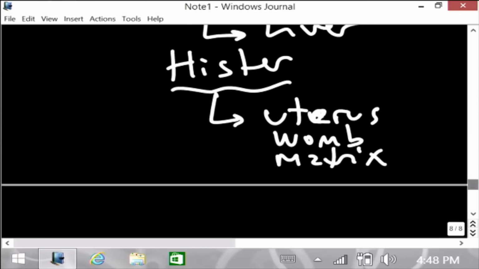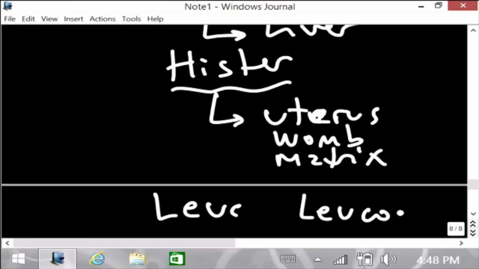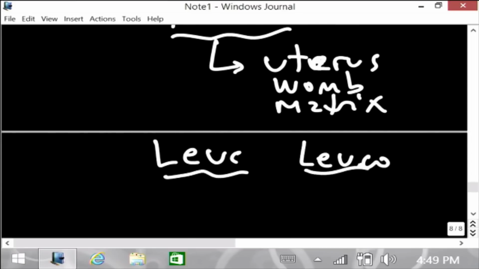Leuc, which is L-E-U-C or L-U-C-O. These two refer to white. Actually white. Leukocyto is white cell, right? Because cyto refers, as we saw earlier, to cell. So if I say leukocyto, it is a white cell.